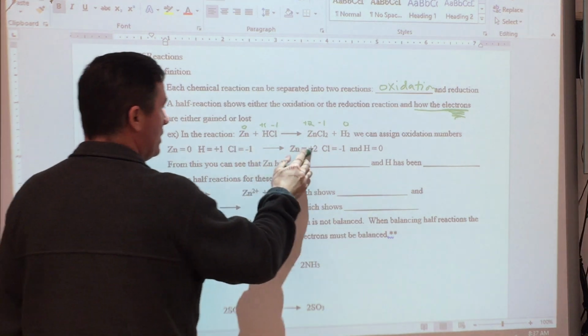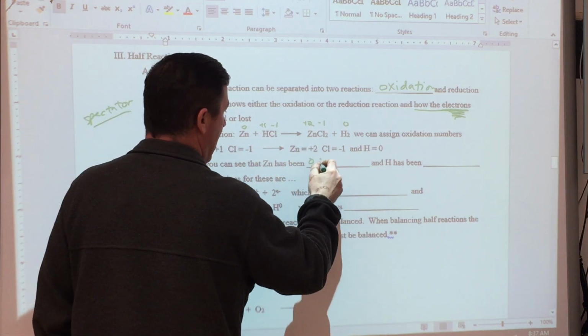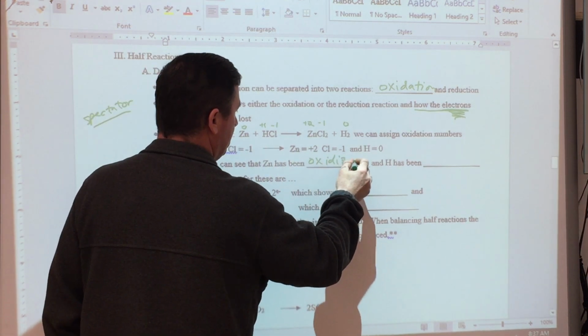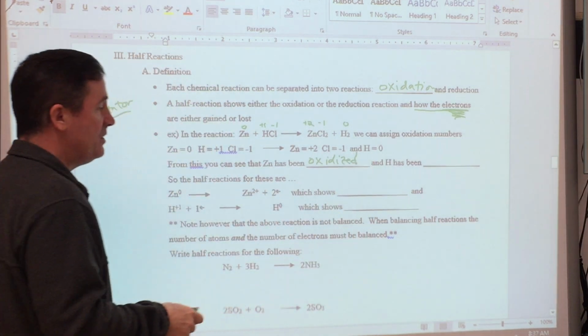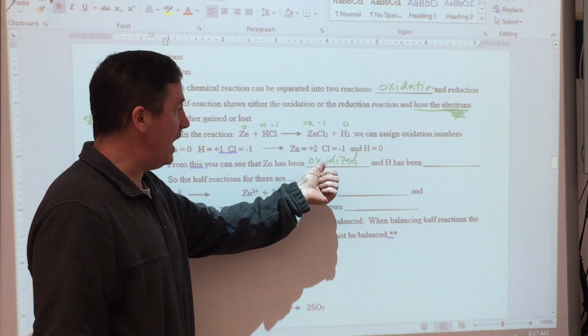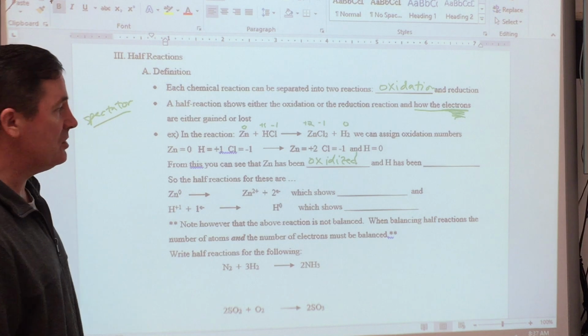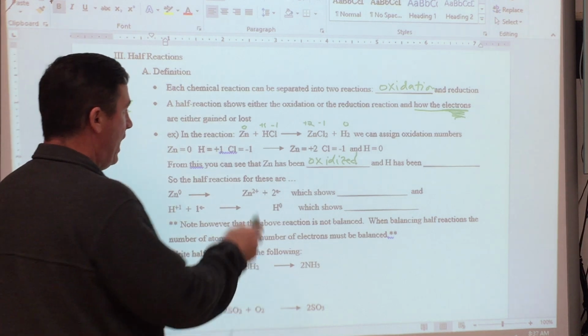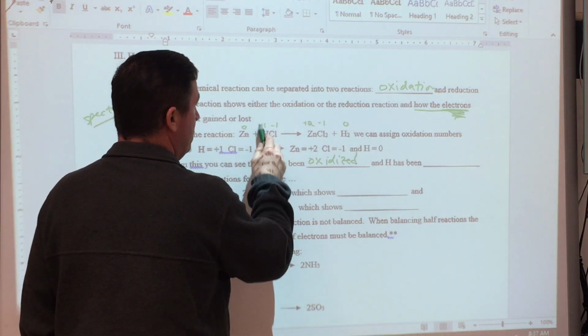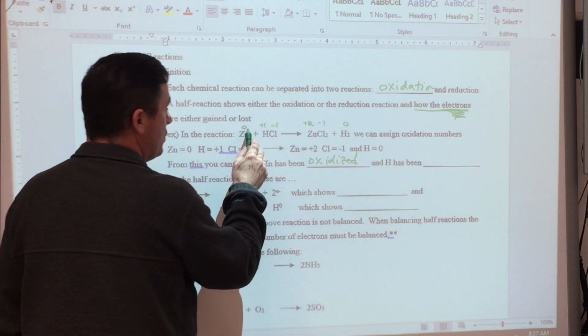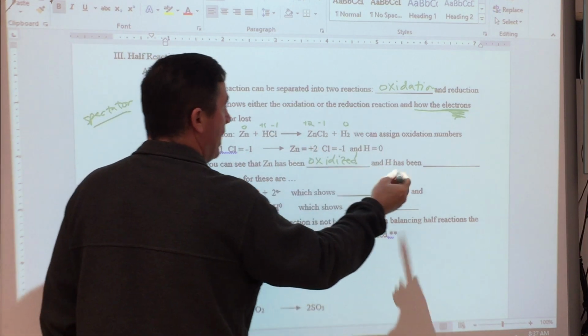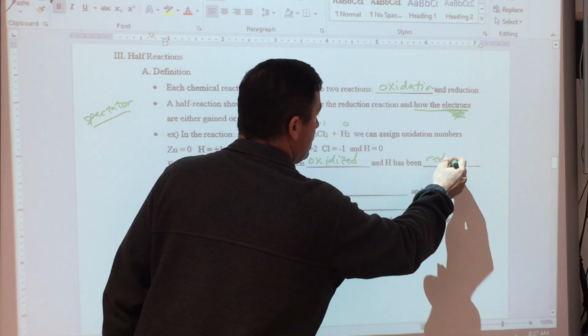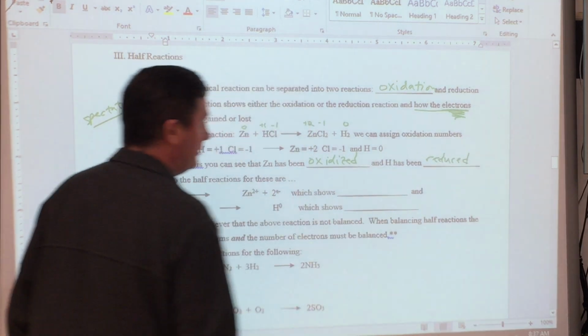So if it is losing electrons, it is being oxidized. And since it has been oxidized, it must be the reducing agent, just to remind you. And hydrogen starts as a positive 1 and becomes 0, so its oxidation number has been reduced. So this is a reduction on that side.